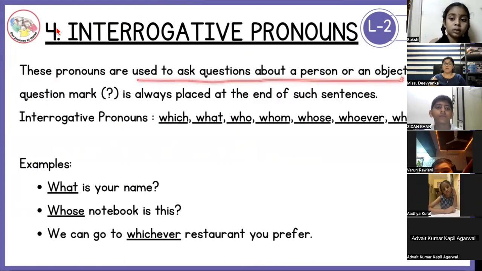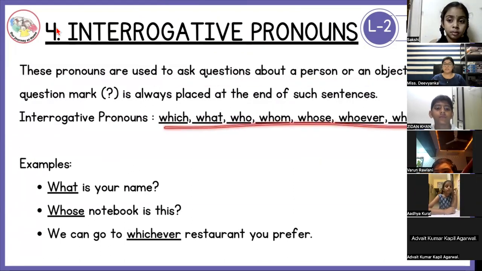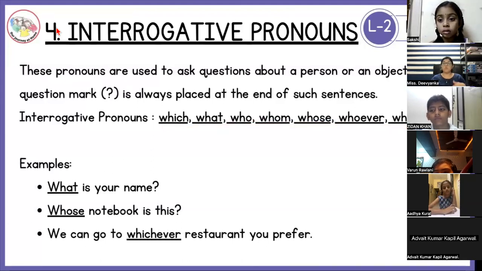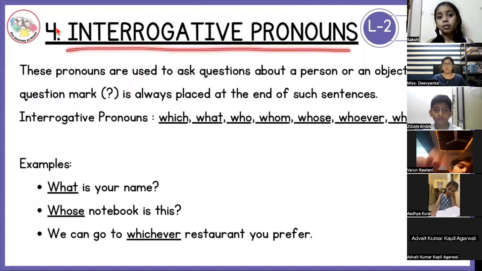Okay. So you may have learned these words just as question words, right? What is your name? Who is your favorite cricketer? Right? So these words were just question words for you. But now the type of these words is what? It is interrogative pronouns.